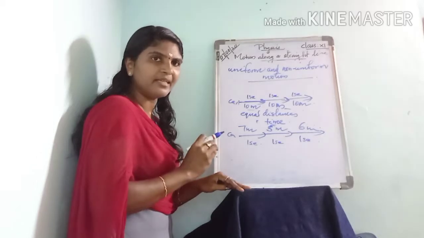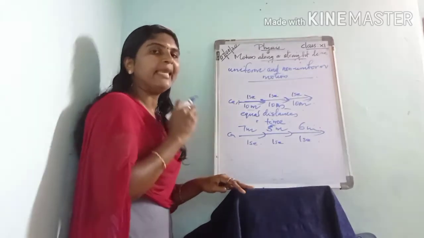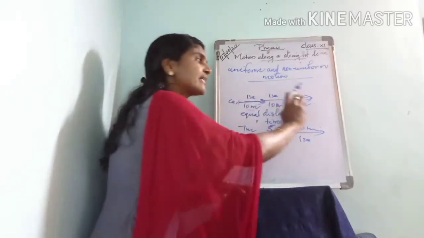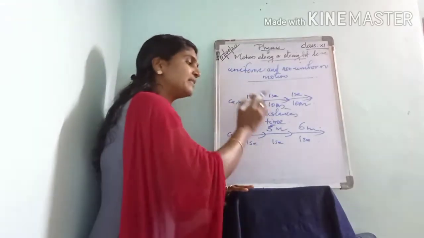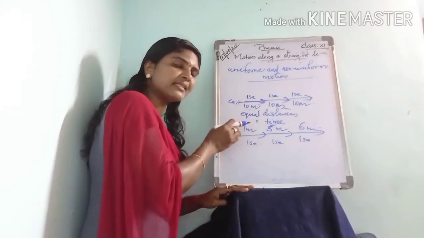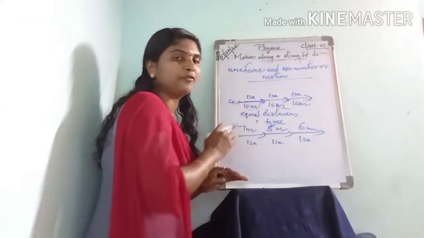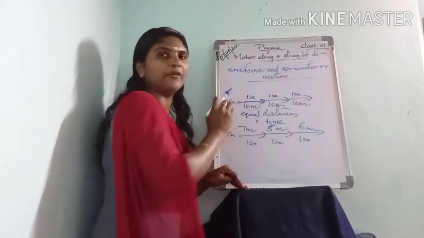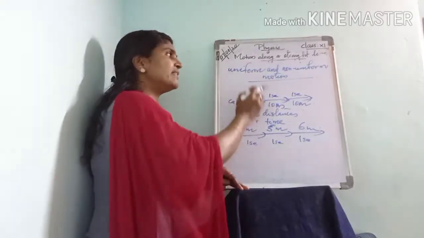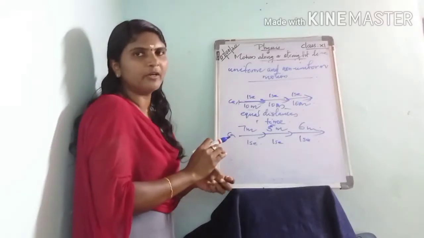If an object covers equal distances in equal intervals of time along a straight line, its motion is uniform. If it covers unequal distances in equal intervals of time, its motion is non-uniform.